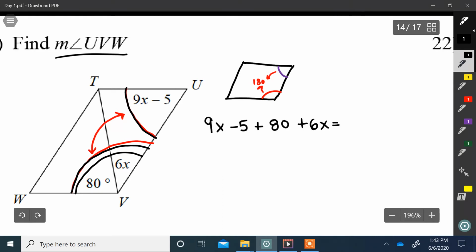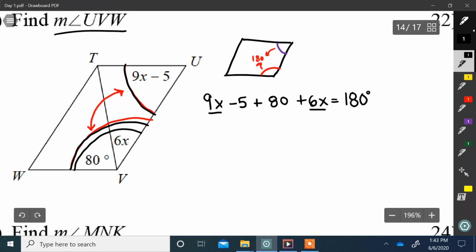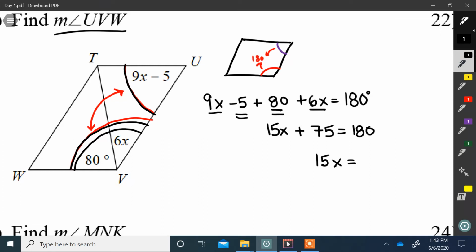We already know that has to add up to 180 degrees. We're gonna solve for x. 9x plus 6x is gonna be 15x. Negative 5 plus 80 is 75. Subtract 75 on both sides, that gives you 105.